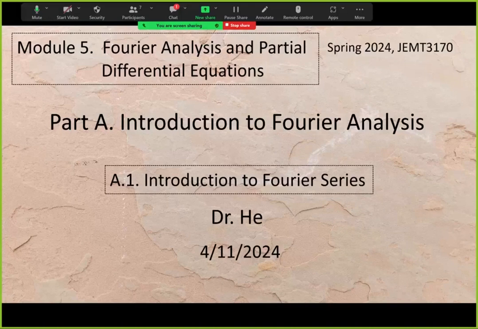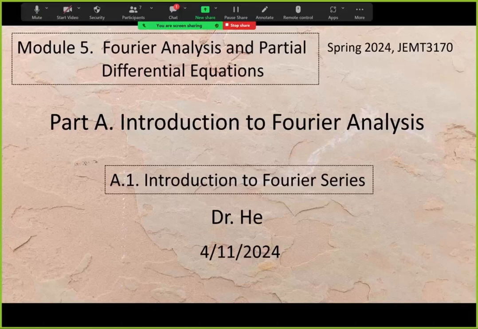For partial differential equations, I may just use, for example, the second half of the last lecture to give you some basic idea, an introduction and a few simple examples, so you can see some simple ideas. It's important, but we do not have that much time, so I'll just show you half of a lecture about partial differential equations.